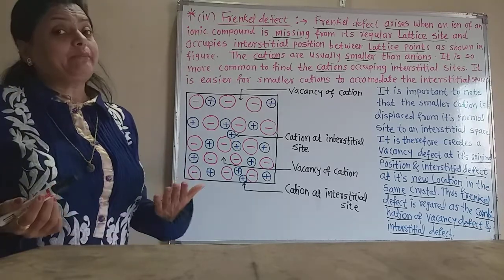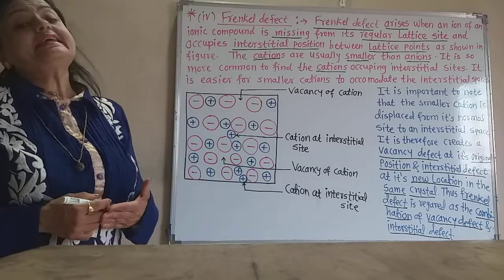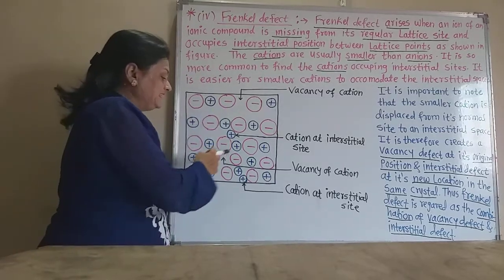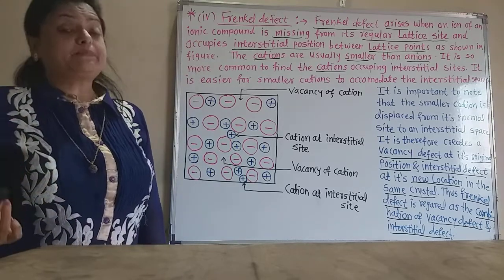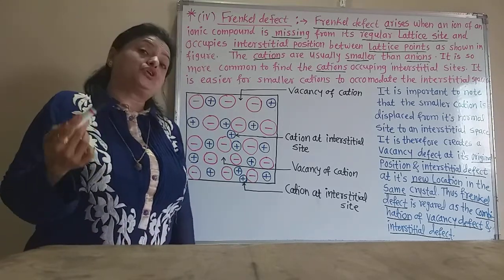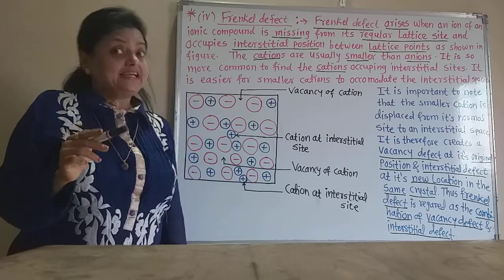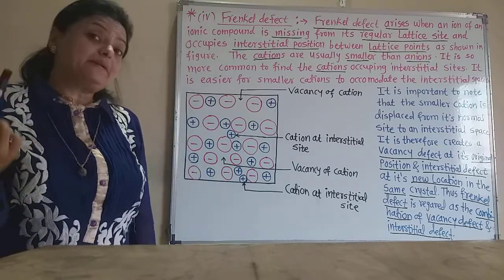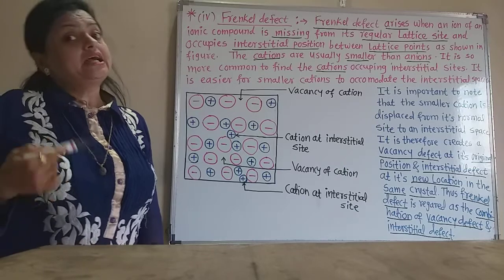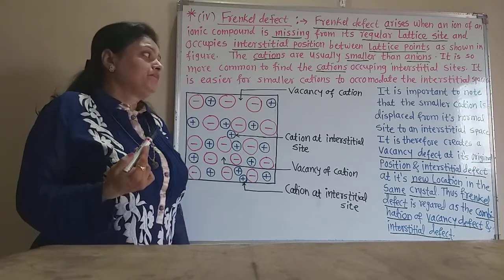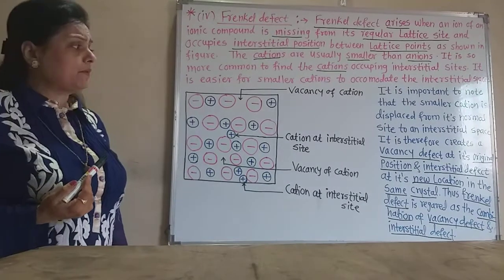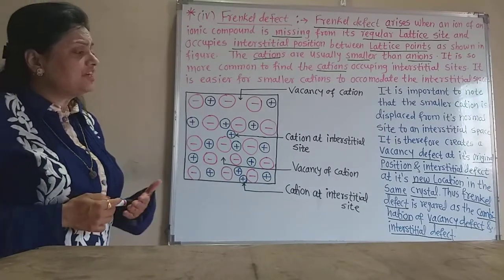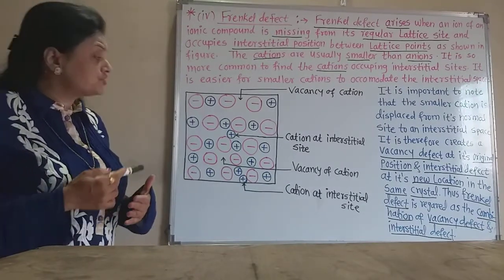I already told you, the vacancy defect is developed at the site from which the cation is displaced. At that original site there is formation of the vacancy defect, and the interstitial defect is created at its new position.